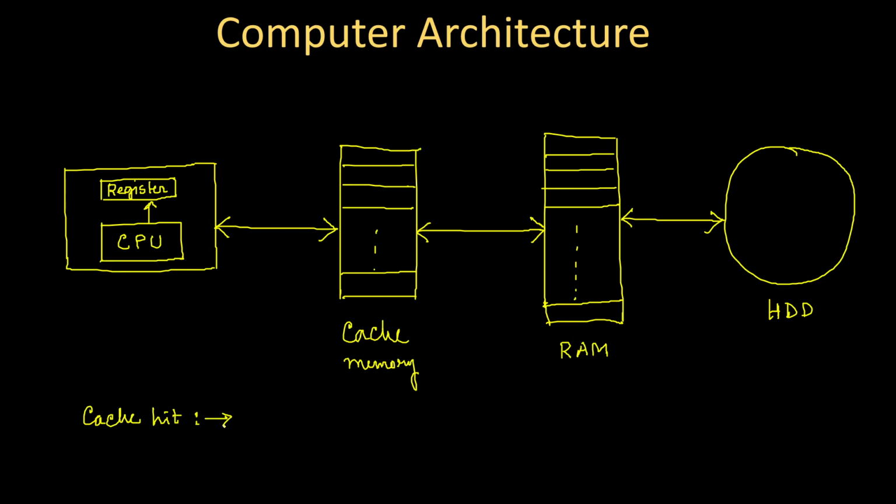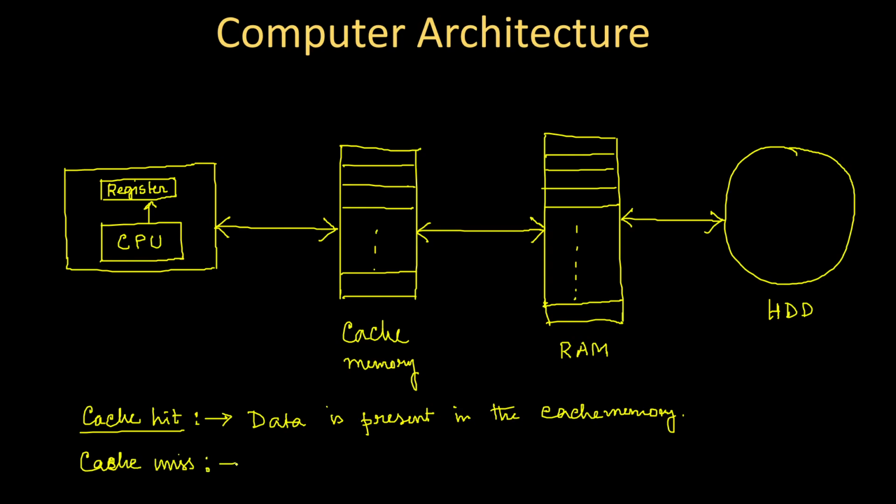So cache hit means data is present in the cache memory, and cache miss, it means data is not present in the cache memory.